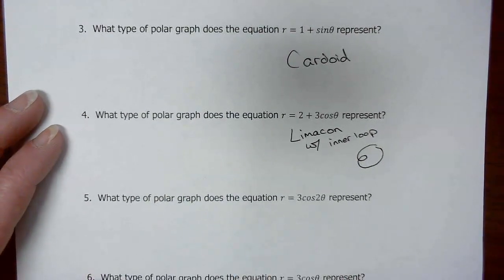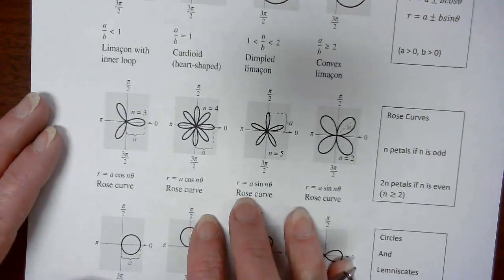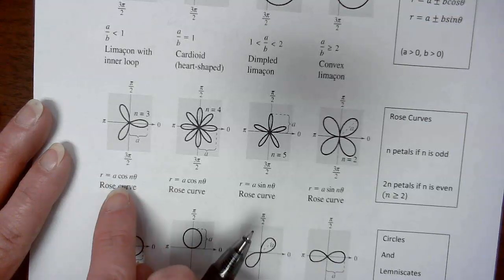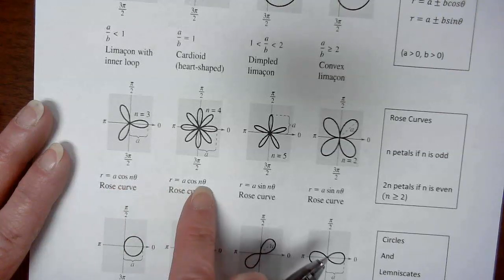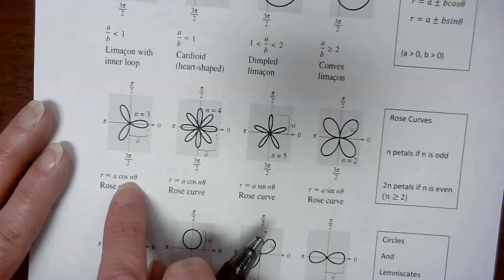What do we get? 3 cosine 2 theta. Ooh, okay, so that's going to be a petal. 3 cosine 2 theta. Okay, so we've got a number in front.